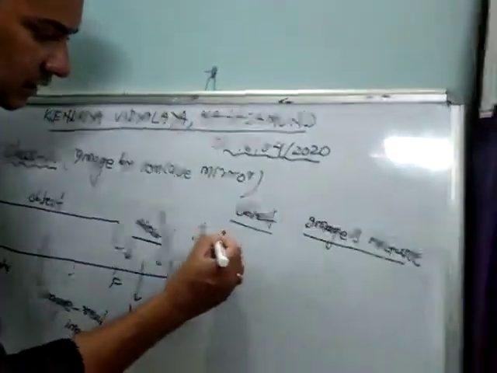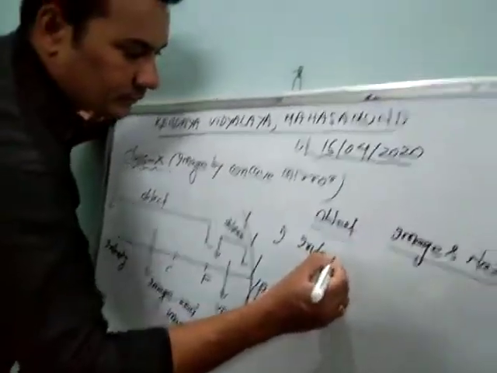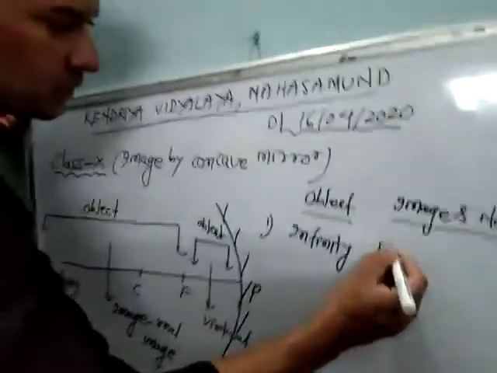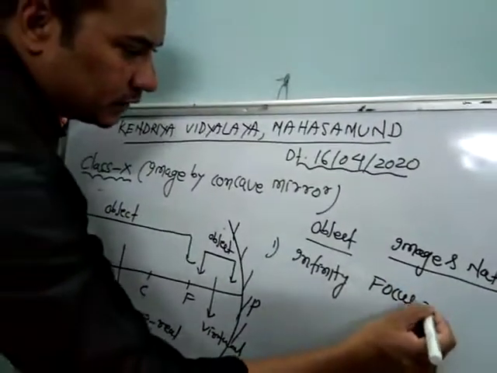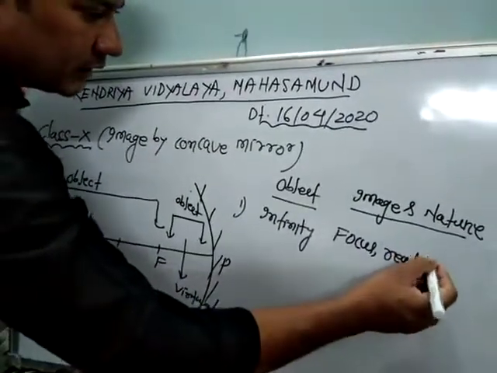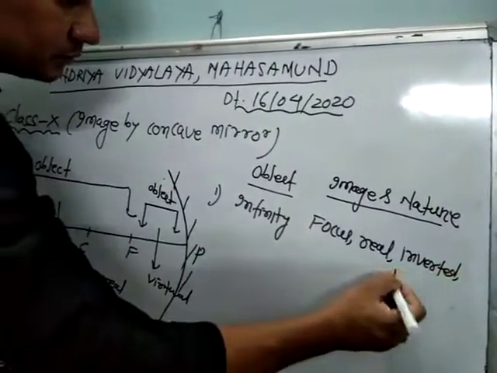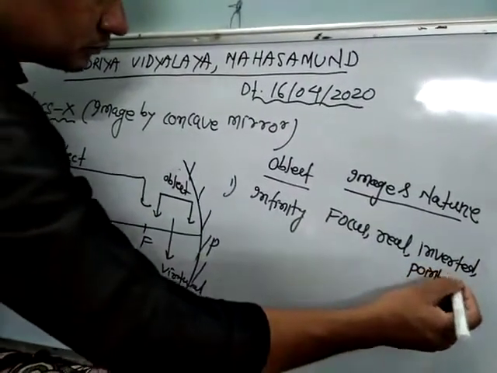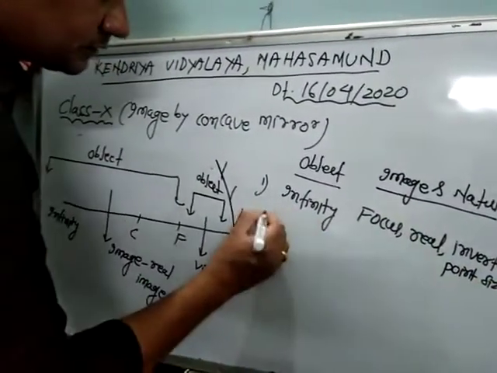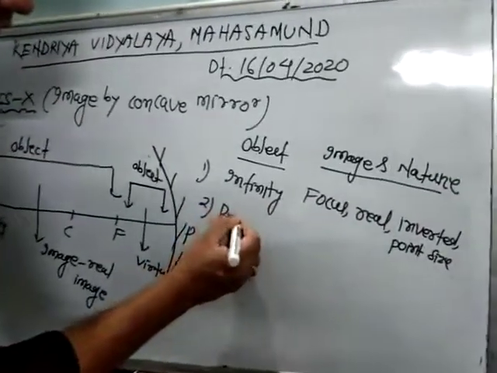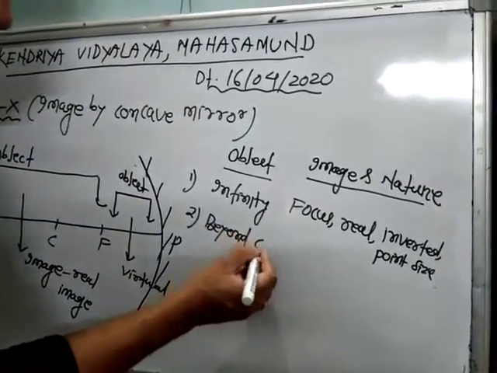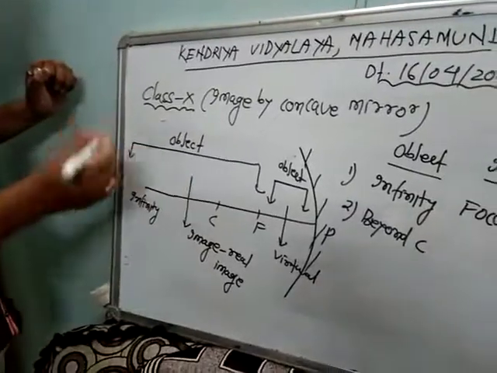First, object at infinity: image will be at focus, real and inverted image, point size image. Second one, object beyond C. Beyond C means just behind the center of curvature.